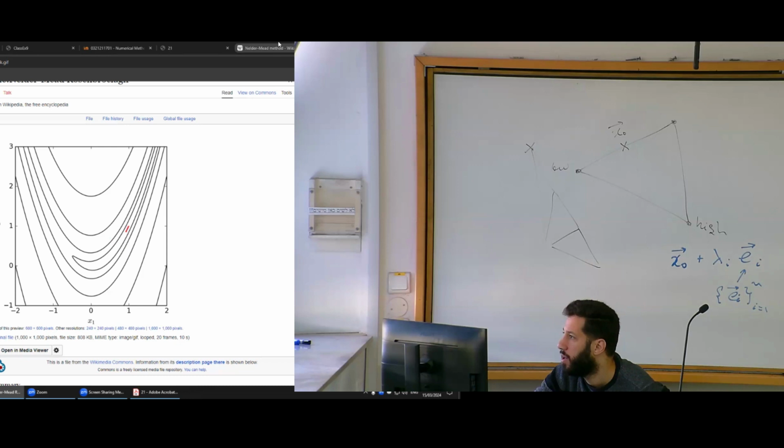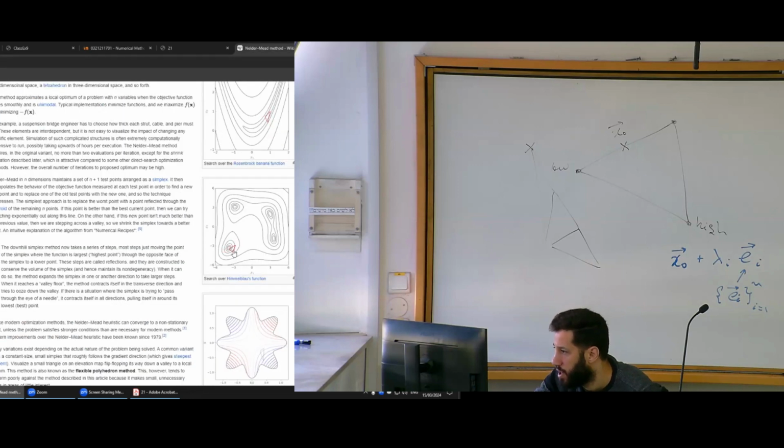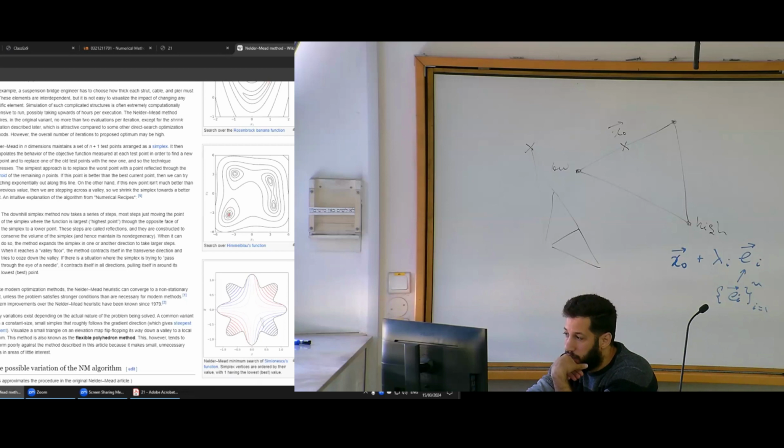This is another function. So that's the visualization of the method in 2 dimensions, but the idea is the same in any dimension.